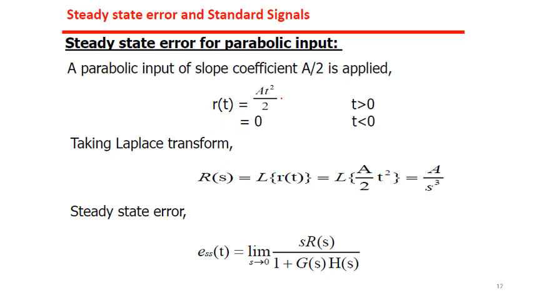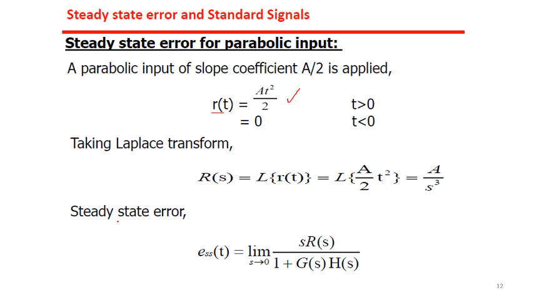Applying Laplace transform on the above equation, that is Laplace transform of r of t is equal to R of s, and Laplace transform of A t square divided by 2 will be equal to A divided by s cube.